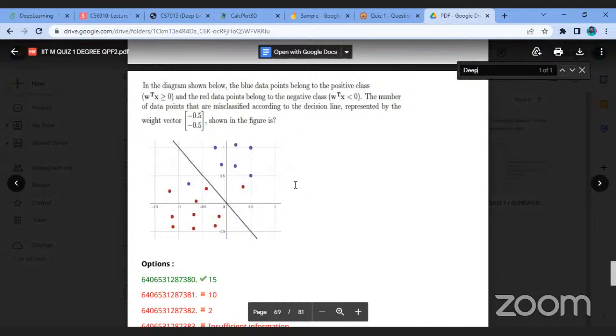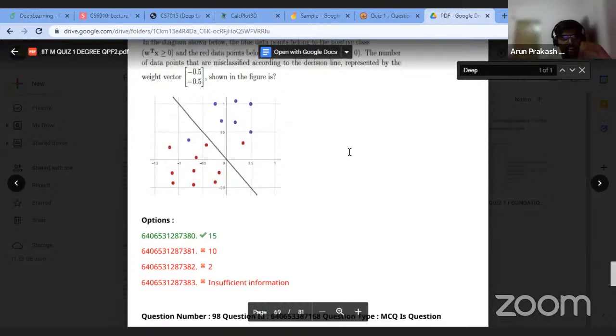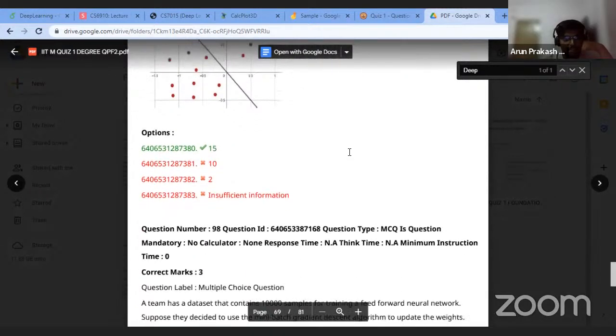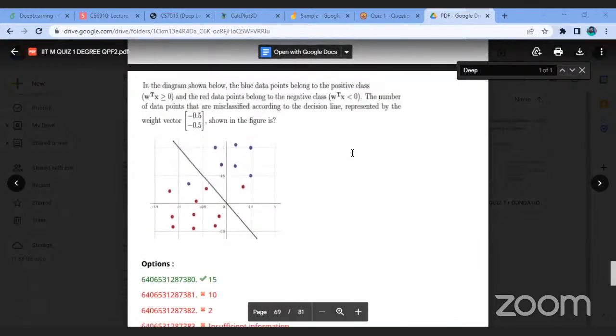That means these 2 points are not actually error points, but the answer is not matching. Can you tell me if my explanation is wrong or correct? So only 2 points are correct and the others are not. What is the right answer, by the way? It says it's actually 15. No, it has to be 13.